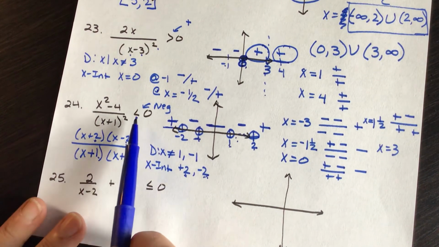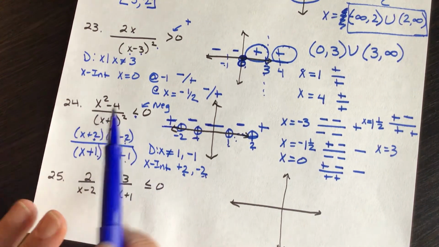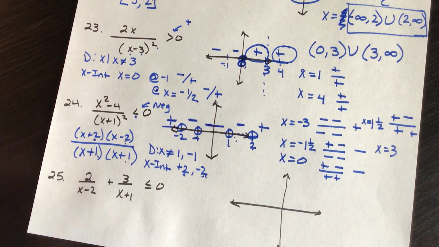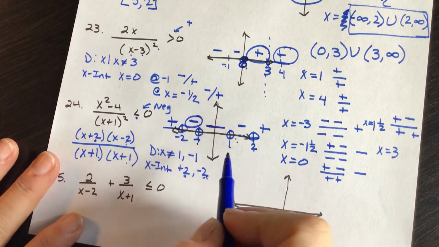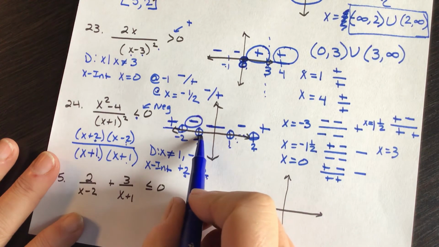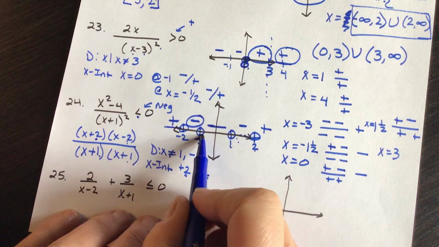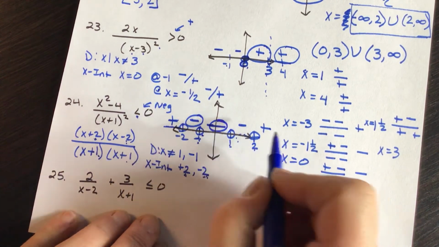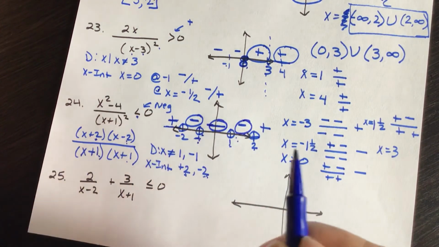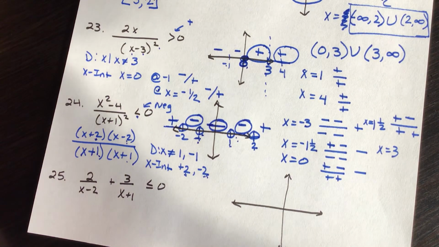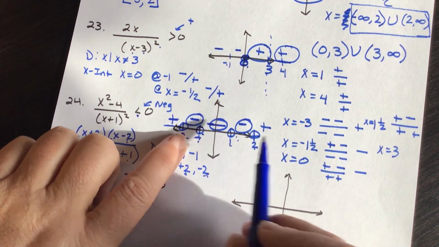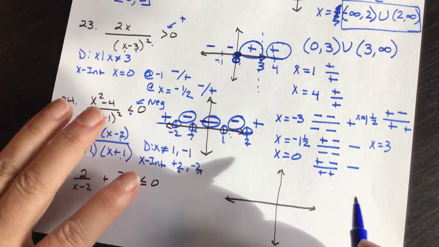So I'm looking for numbers that are less than 0. So I actually have 3 sections here. I have between negative 2 and negative 1, but I can't include these values. And then I have negative here and negative here. So I have a union of 3 sets.